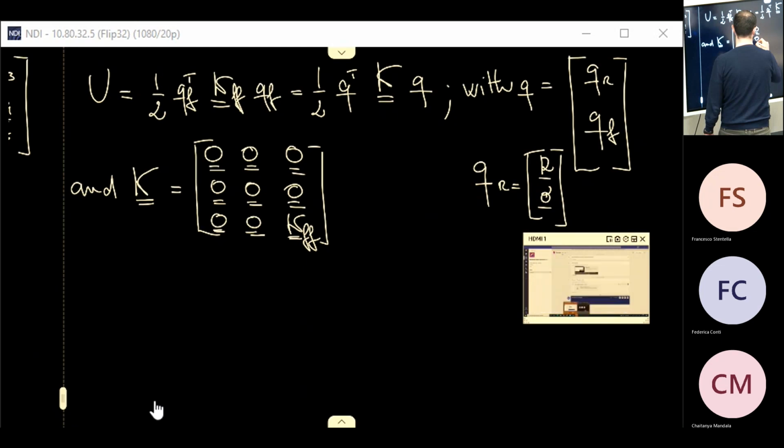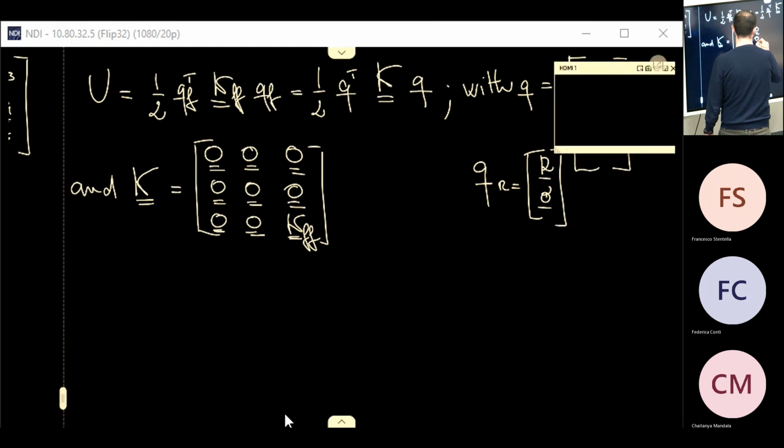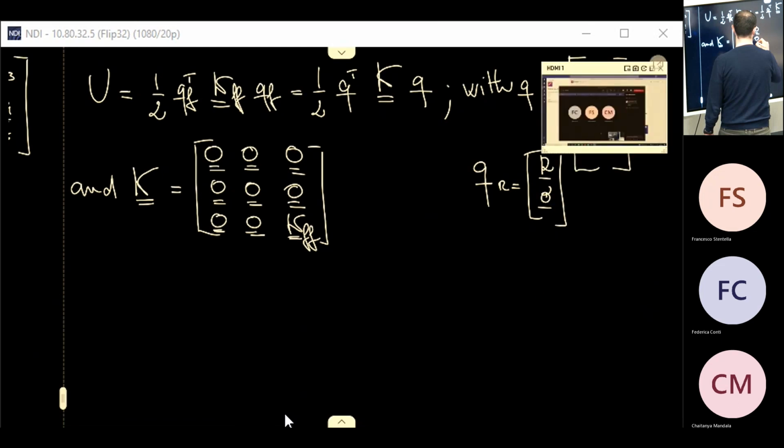So this basically completes the estimation of the stiffness matrix.